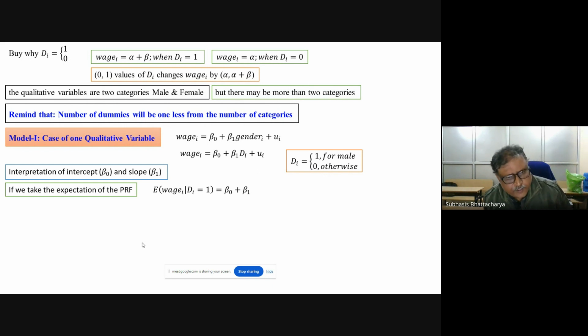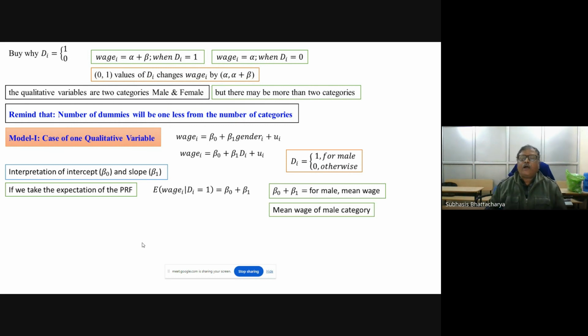So if I take the expectation of wage given Di equals 1, then putting Di equal to 1, the wage is beta 0 plus beta 1. That is the mean wage for males, because Di equal to 1 is considered for males. So it is the average wage for the male category.